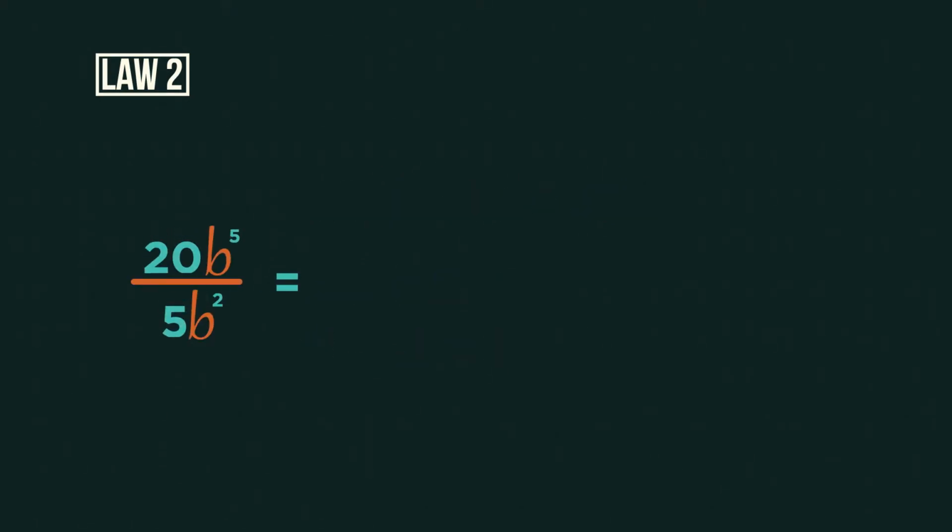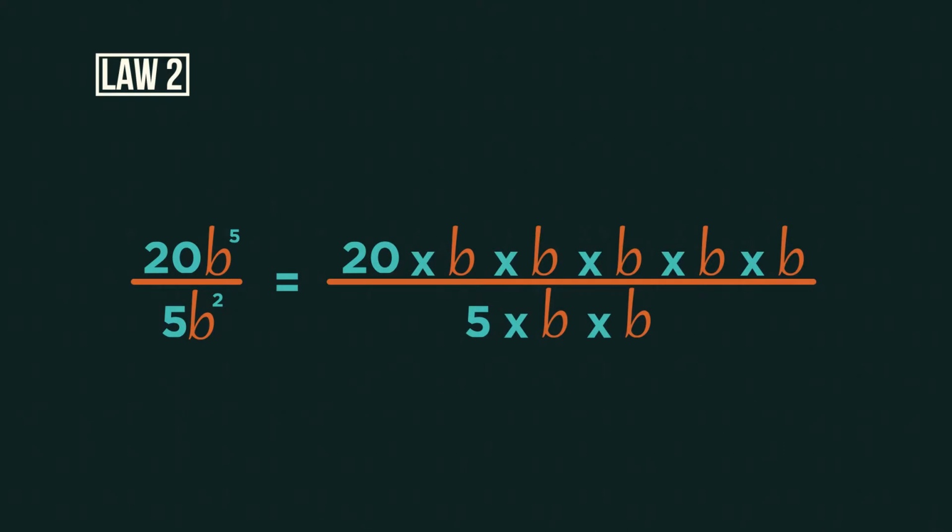This is because if I wrote the equation out fully, it would be the same as writing this. Just as you do when you simplify fractions, we can cancel down our numbers and our letters. So we cancel the 20 and the 5 to become 4, and we start by cancelling out the b's. So to divide indices, we divide the numbers and we subtract the powers.